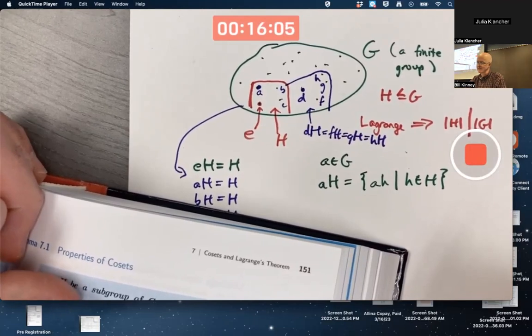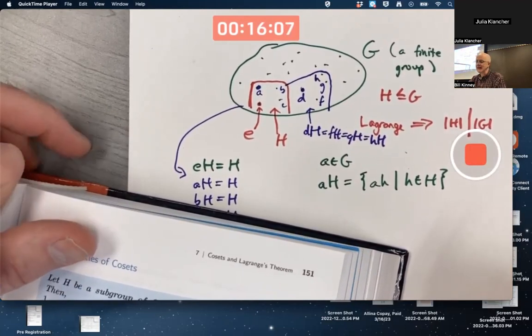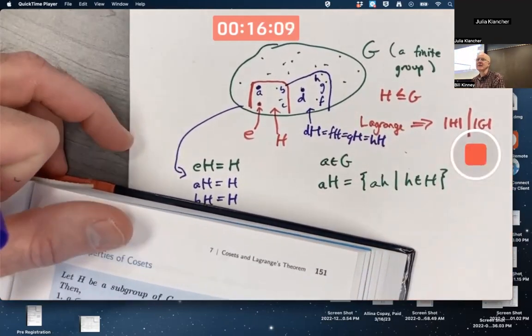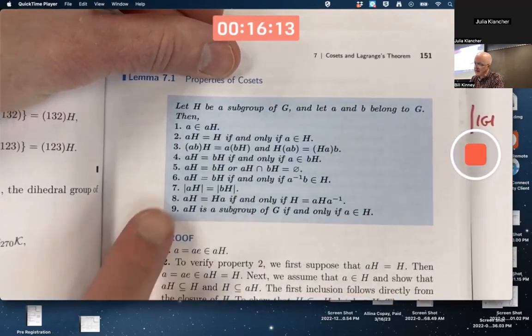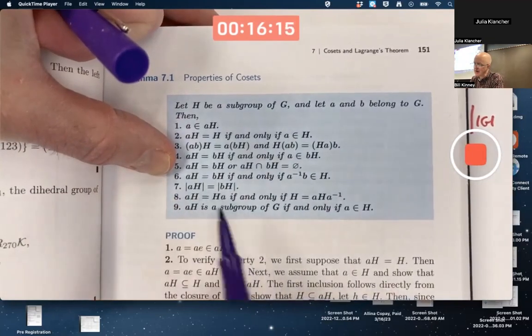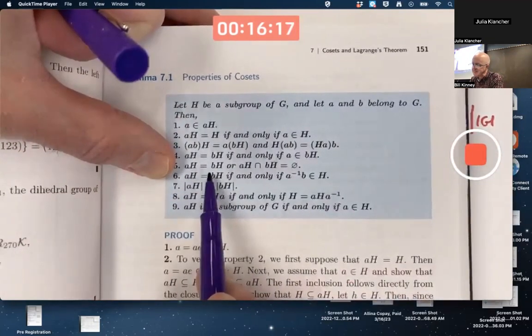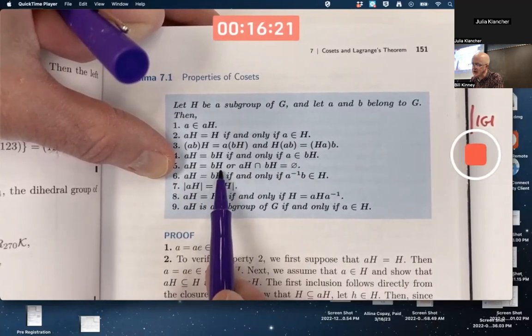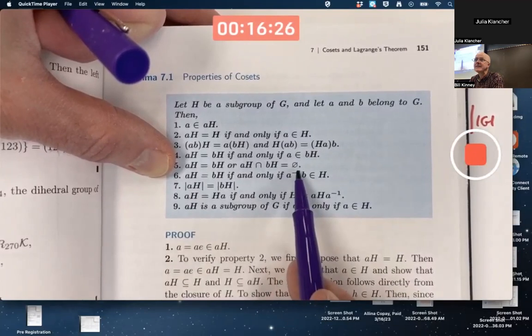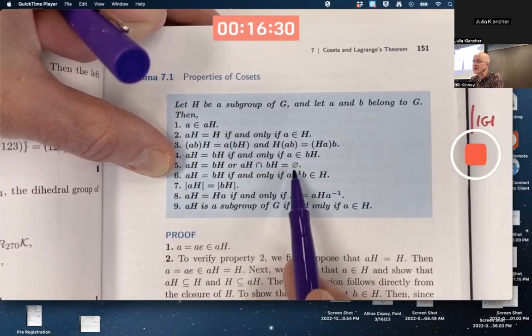That's another coset, a separate coset. And in fact, it's got no overlap with the first coset. Property 5 says, given two arbitrary elements A and B, the left coset of H in G containing A and the left coset of H in G containing B are either equal to each other or they are non-overlapping, disjoint. Their intersection is the empty set.